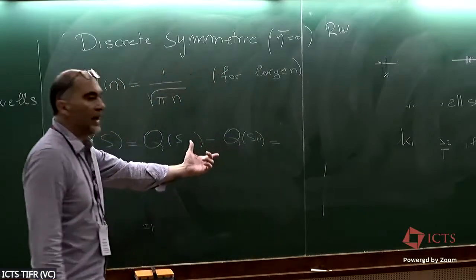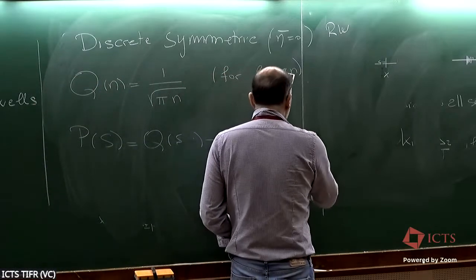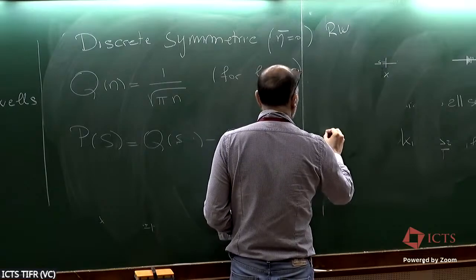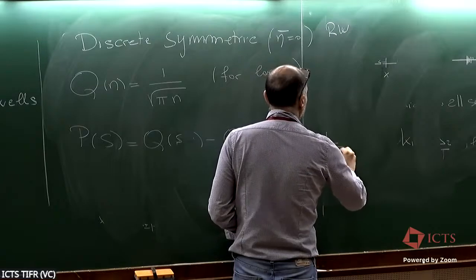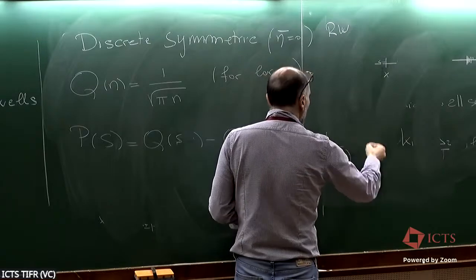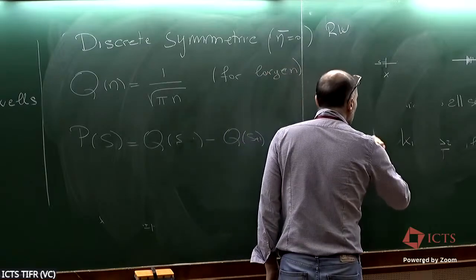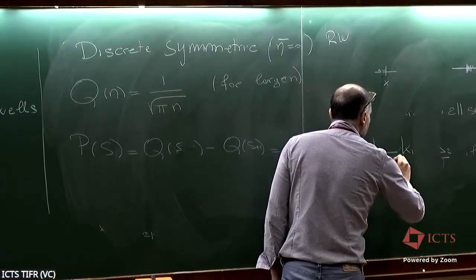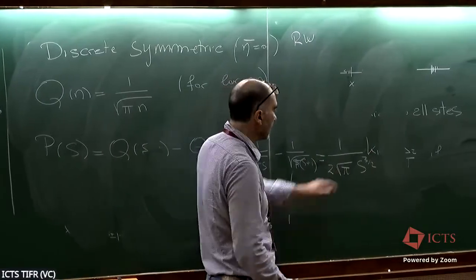And if you do that, you have 1 over square root of pi S minus 1 over square root of pi S plus 1, and you have to develop for large S, and what you get is the Galton-Watson result we found yesterday, with the correct prefactor, okay?